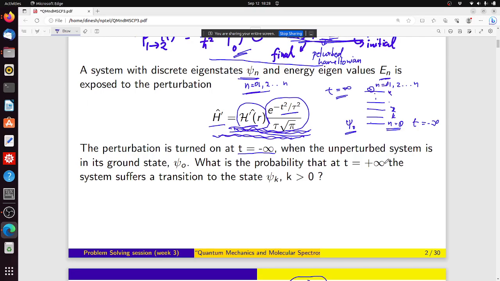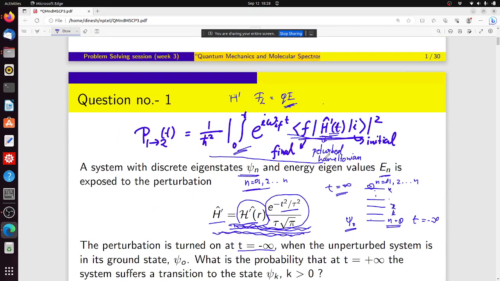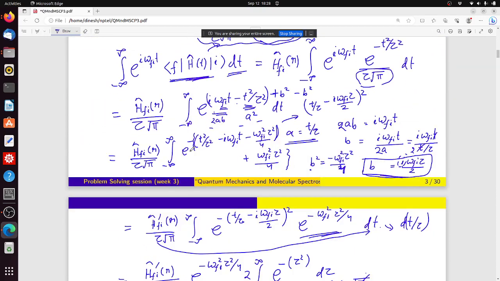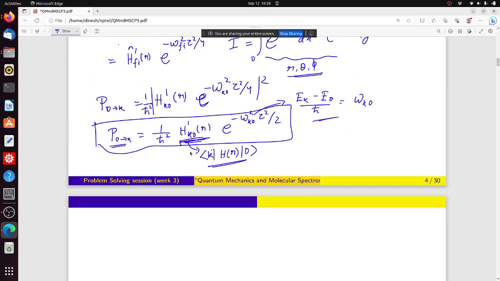Right. So we applied the general transition probability formula, and we found this answer.